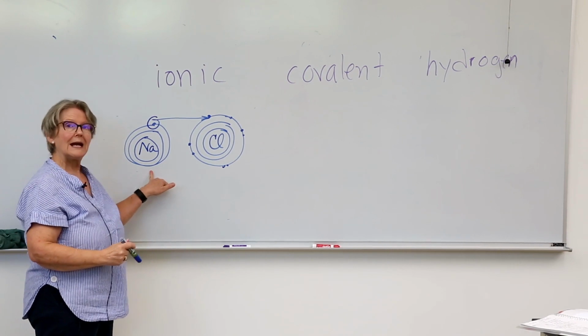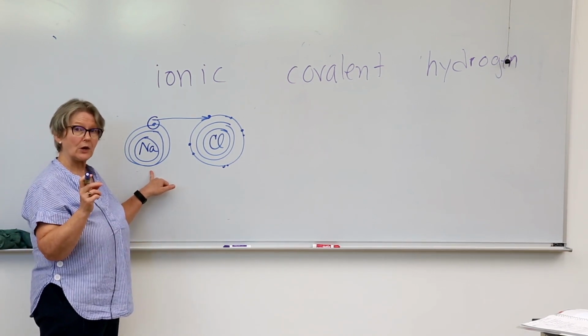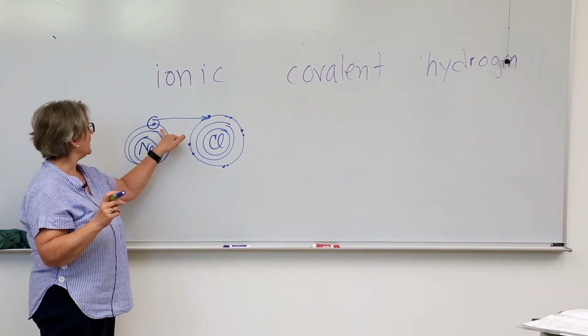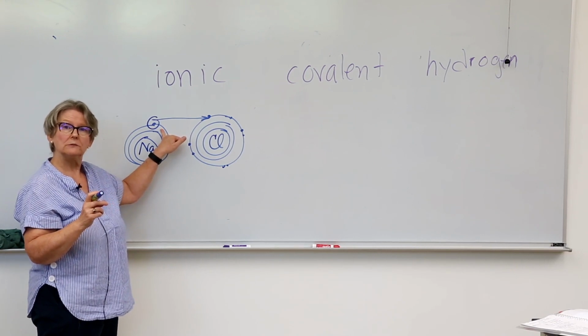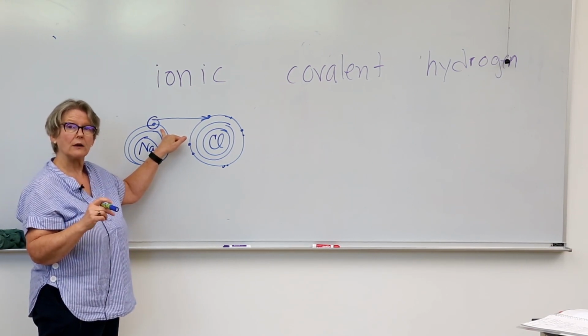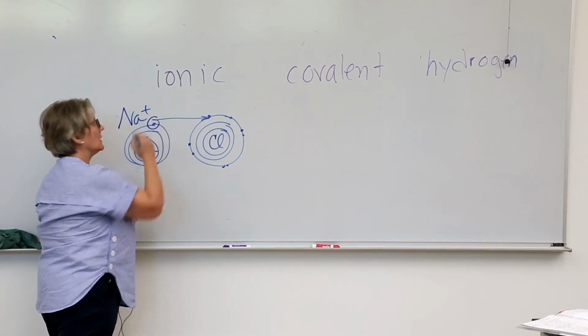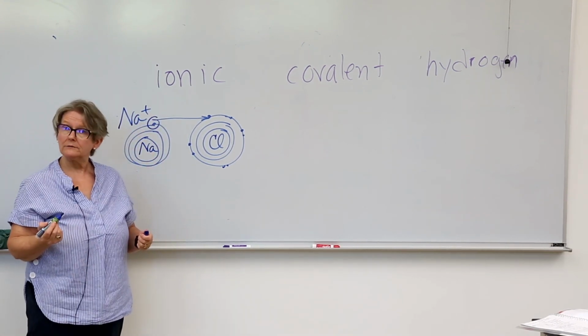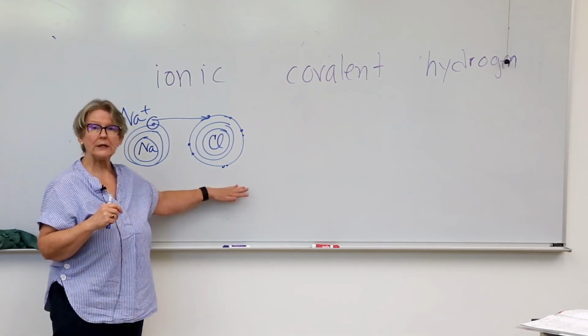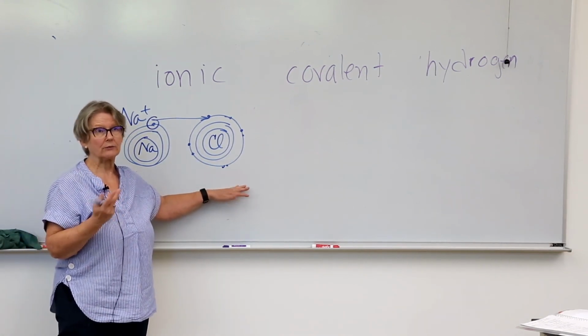So sodium, the atom, had a neutral charge. But now that it has 1 less electron, it's still got the same number of protons. It is now sodium, the ion. So chlorine, the element, occurs in nature, well, sort of.